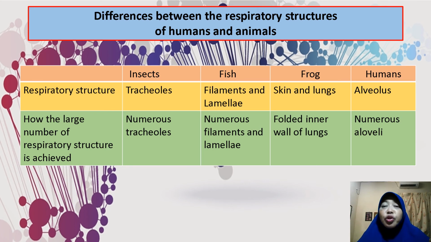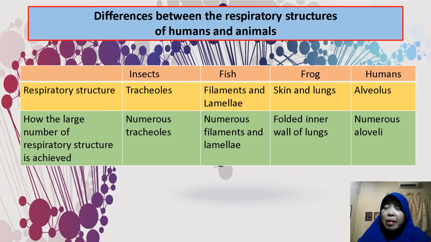How is this achieved by these four organisms? In insects, by having numerous tracheoles. Fish, numerous lamellae. Frog, by having a folded inner membrane of the lung. And humans, by having numerous alveoli found in our lungs.